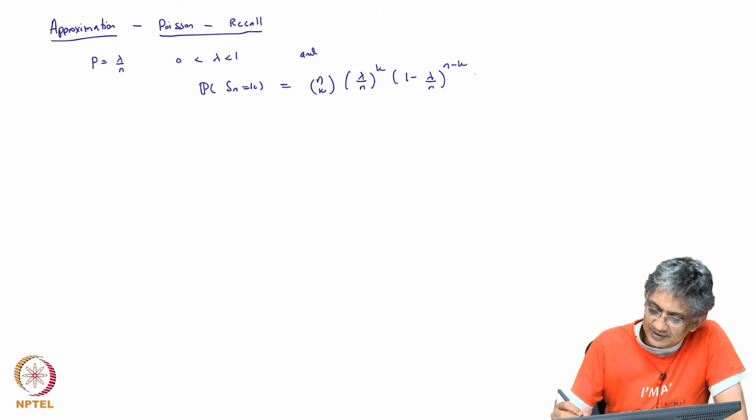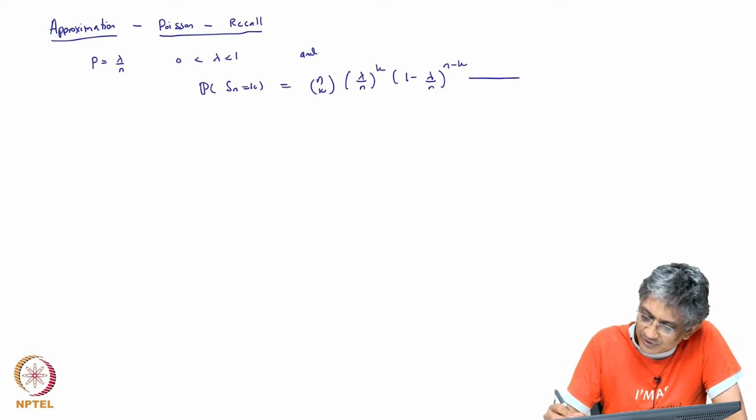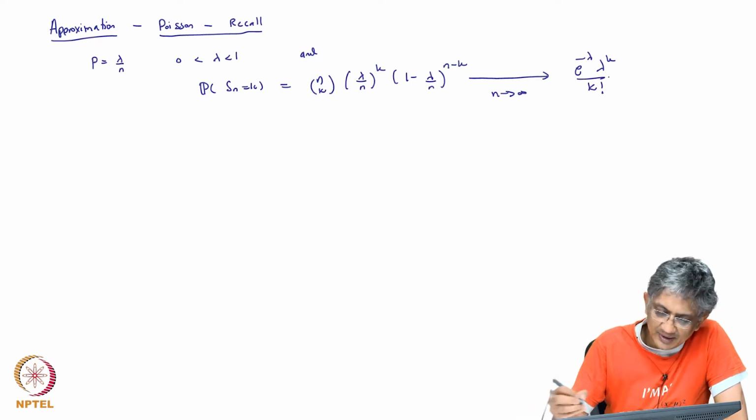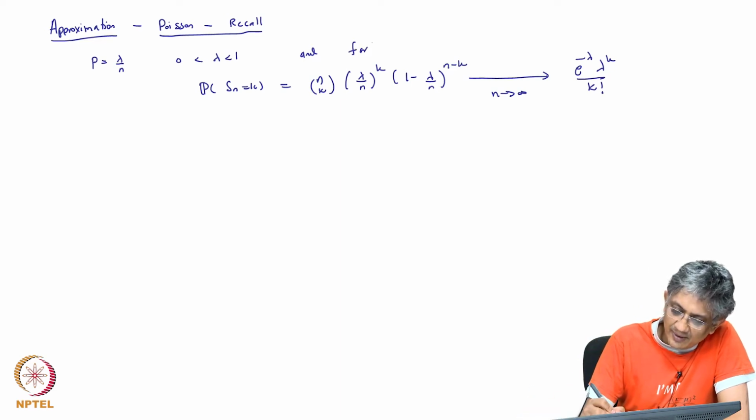We knew that this converged as n goes to infinity for each fixed k to e to the minus lambda, lambda to the power k by k factorial. Right? So this is for all k bigger than or equal to 0.